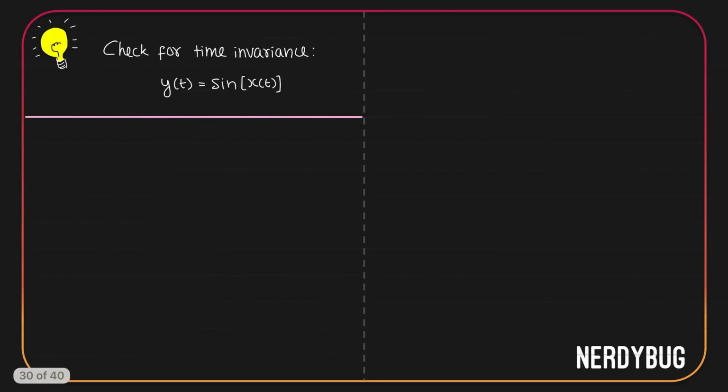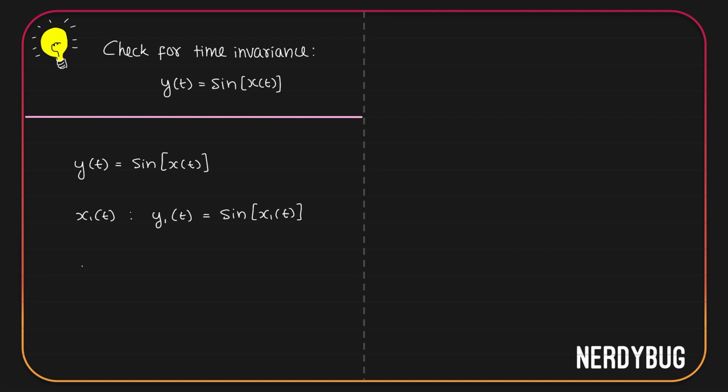Let us solve a problem. We have to check the system that is defined by this equation for time invariance. We have y of t, which is sine of x of t. Let us take a sample input x1 of t. When you gave x1 of t as the input, the output you got, y1 of t, was equal to sine of x1 of t.